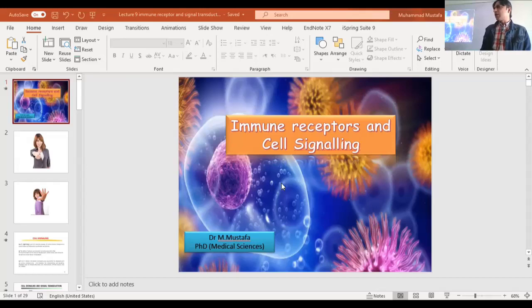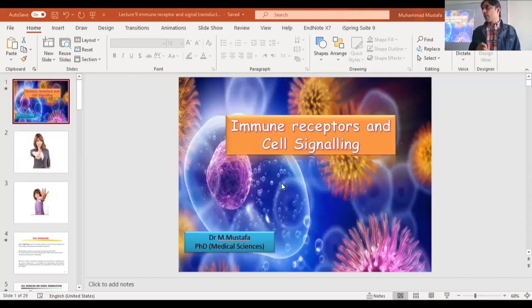There are things you will have to deal with one way or another if you want to stay in life sciences. Cell signaling is one of them: how cells communicate with each other, how cells talk with each other. Whether you are learning developmental biology, studying differentiation, or studying immunology and working on our immune system, in one way or another you need to know how cells talk and communicate.